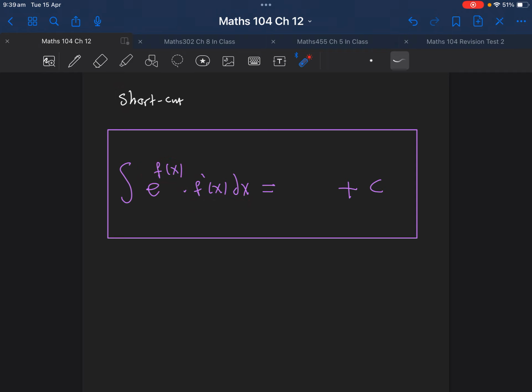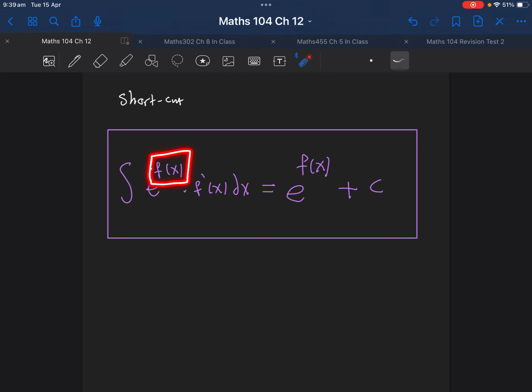But there is a shortcut. If you have e^u, and then you have u prime here, which is the derivative, the answer will be just e^u. So the answer in this case would be just e^(f(x)). That's it. As simple as this.